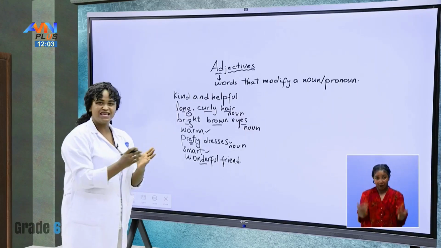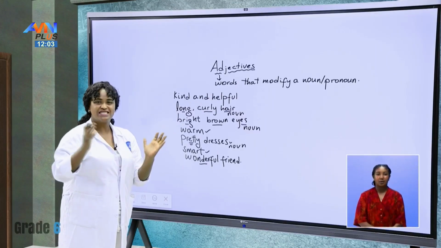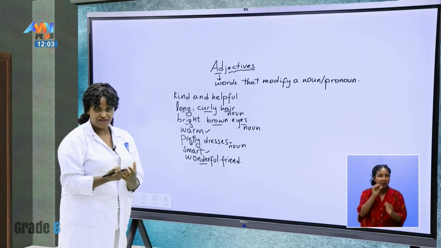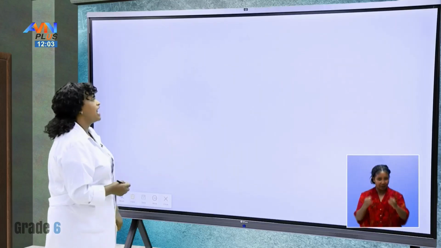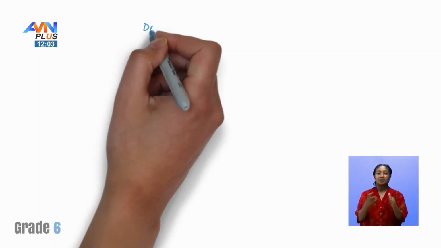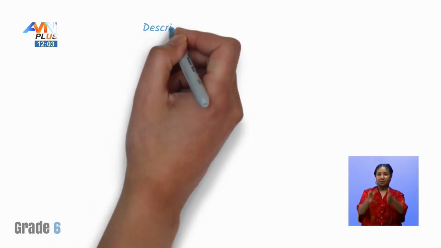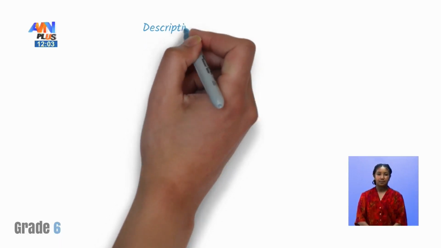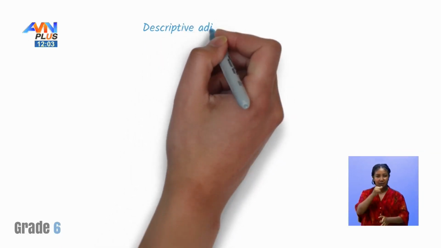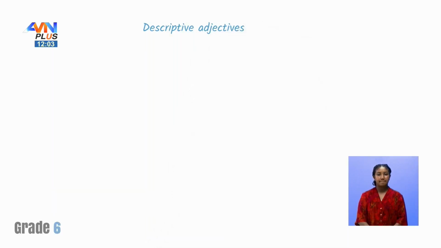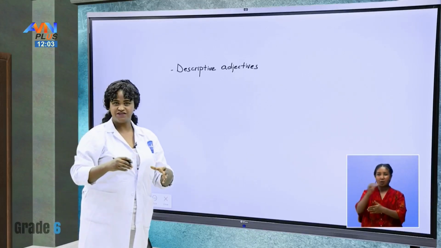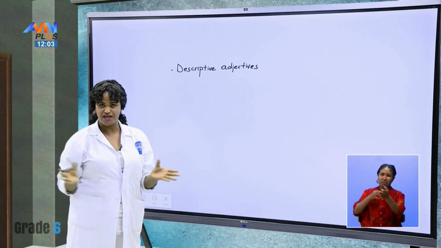Now let us see the group of adjectives, how they are classified. Okay? Let us see how we classify adjectives. The first ones are descriptive adjectives. These are the kind of adjectives that can help you to describe something. How?